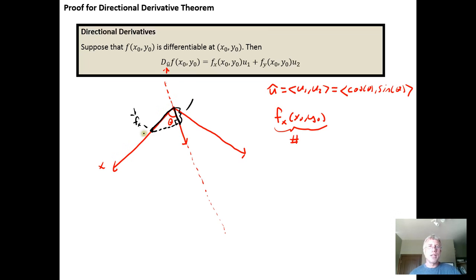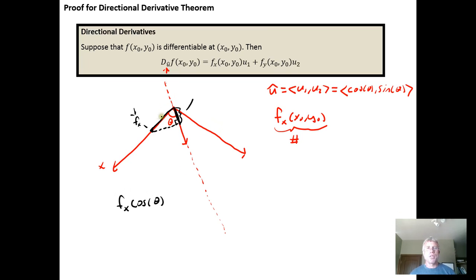And so what I want to recognize is the partial derivative with respect to x is the hypotenuse of this triangle. This is the side adjacent to theta. So this black distance right here is just going to be the partial derivative with respect to x times the cosine of theta by trigonometry, right? This side over the hypotenuse equals the cosine of theta.